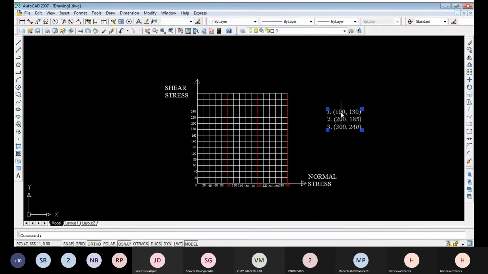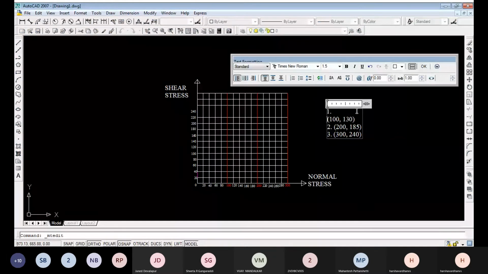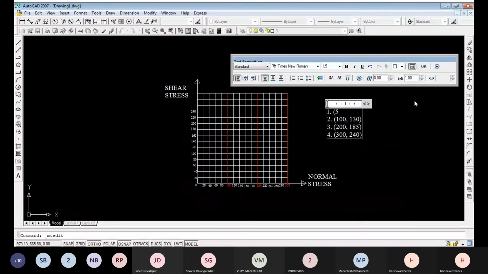So we'll first write down our coordinates here. There are 4 coordinates. Coordinates of the first point is 50, 36. Normal stress is 50, shear stress is 36.